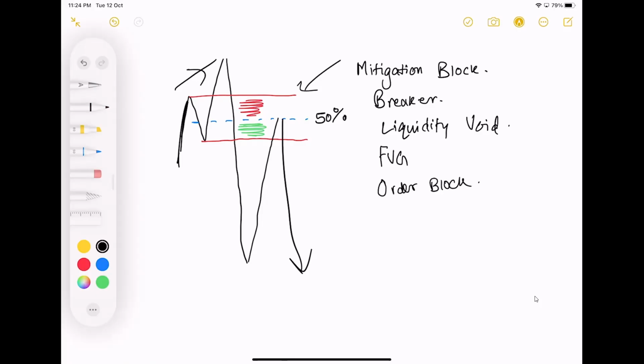The rejection block would be the most extreme point. And finally, if this is to not work out, price will straight up head for the old high. That's all.